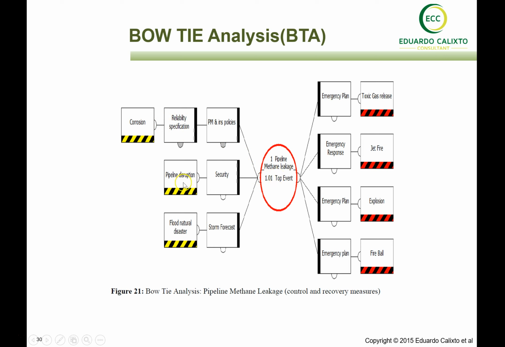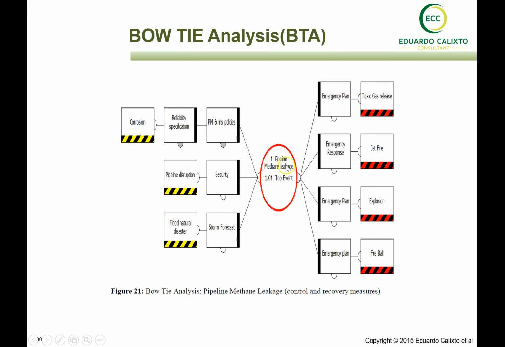In the case of pipe erosion or disruption, we have some security to avoid an accident, such as a truck hitting this pipeline and damaging it, causing leakage. Or even in the case of natural disaster, we need to have storm forecasts to isolate the area and shut down the process when there is the possibility of floods or other natural disasters.